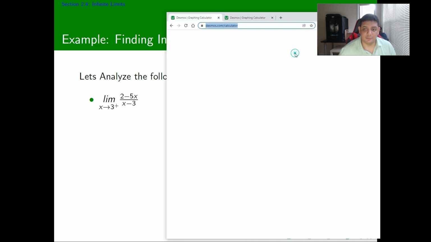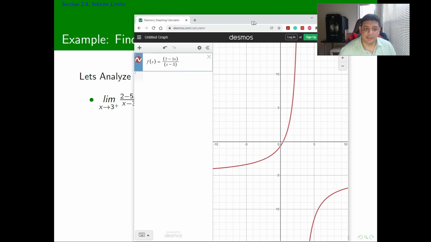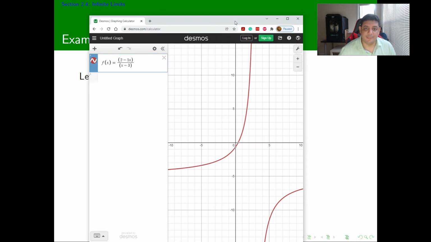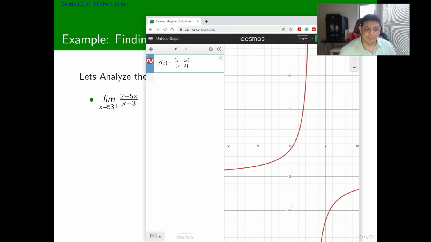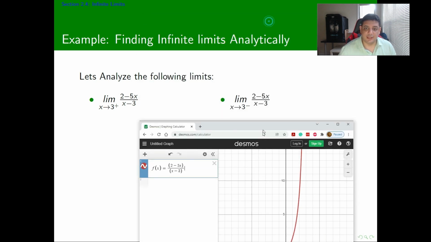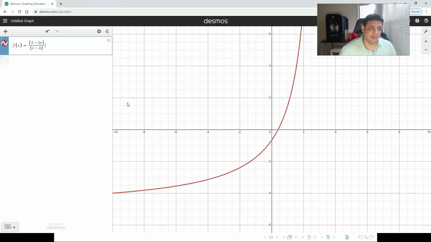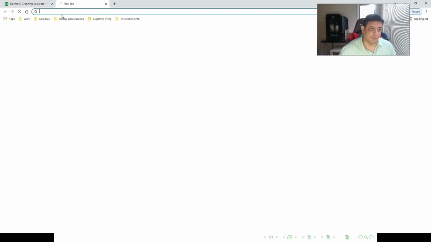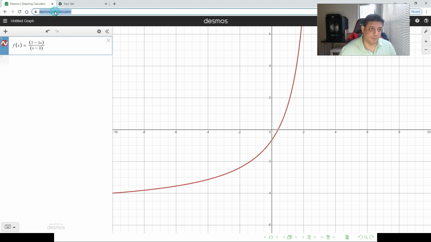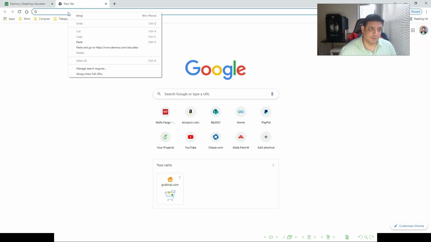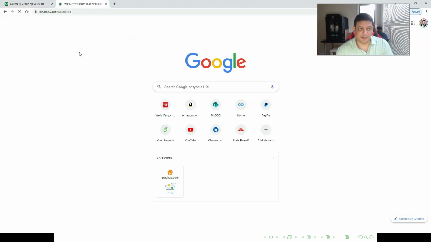Let me remove the other examples, and we care about what happens when we approach 3 by the right side and 3 by the left side. Essentially we're going to produce the same thing for both.